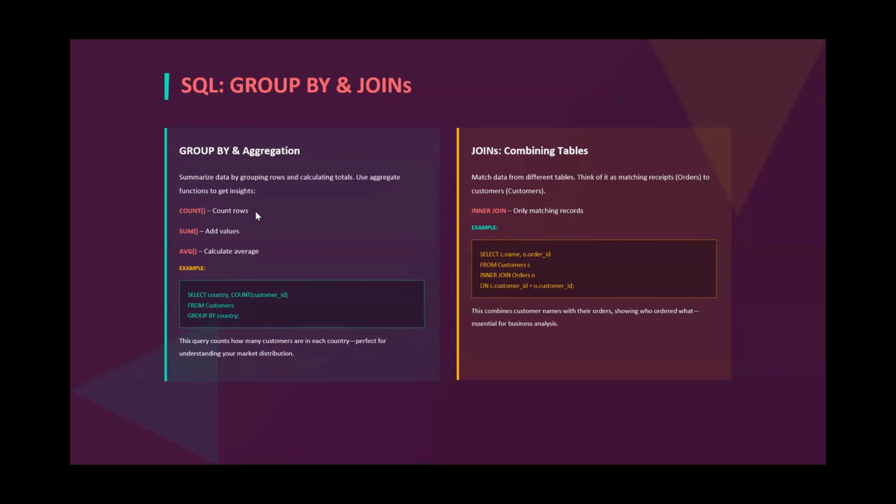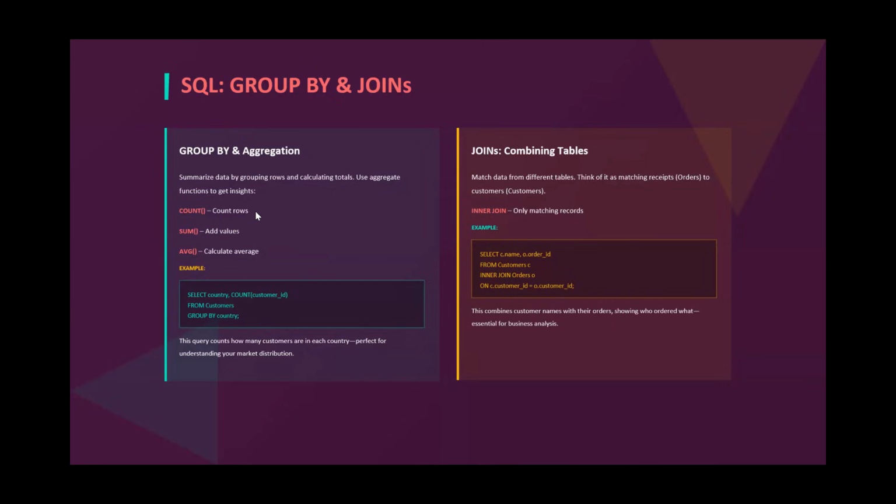So the COUNT function helps you count the total number of something: the count of your customers, the count of your orders. SUM helps you add values together, and AVG calculates the average score. So you want to use the count function to see how many customers you have in each country, and that's what you can see here.